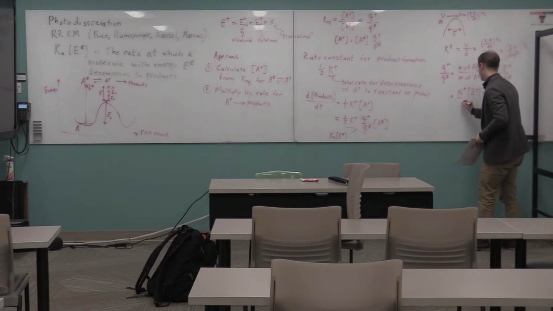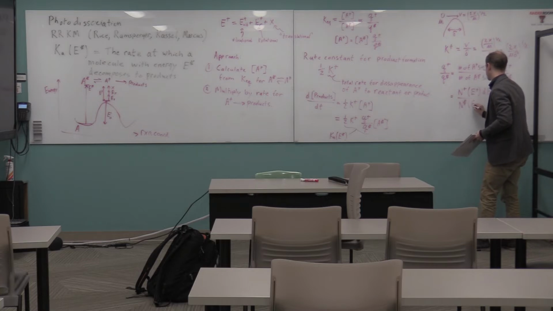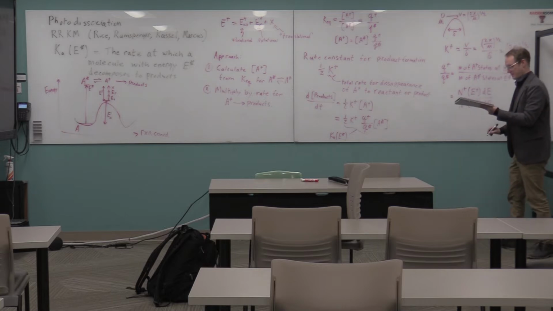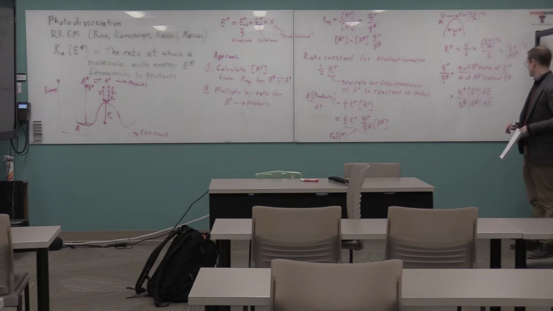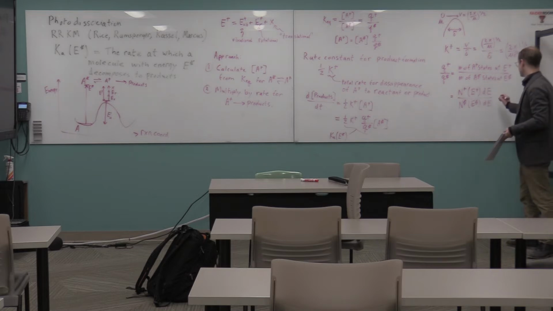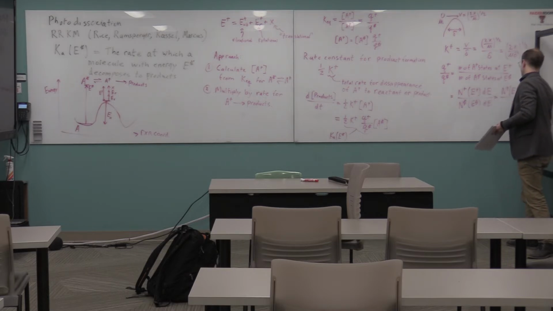Okay, and you can divide that by the density of reactant states times dE. And so in this expression, the dE's are going to cancel, and so this is just going to equal the density of states of the activated complex divided by the density of reactant states at the same energy.